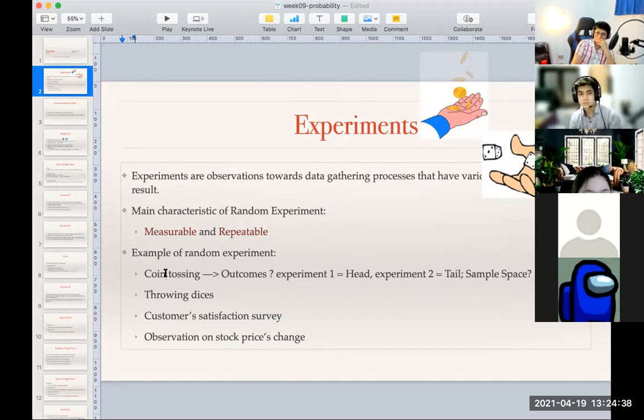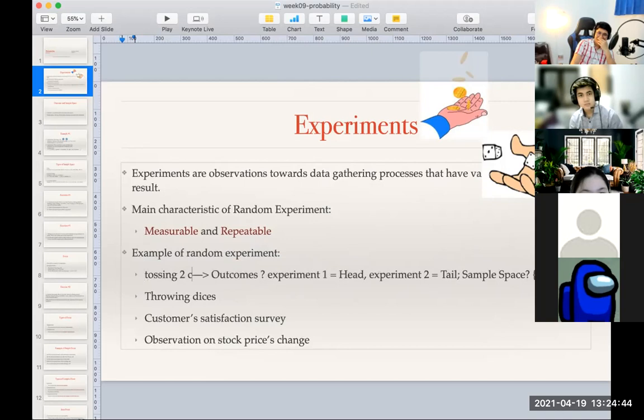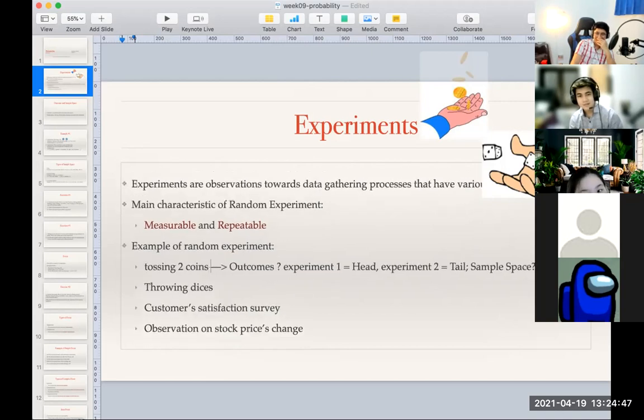So let's say I change to another example, tossing two coins. So what are the outcomes?